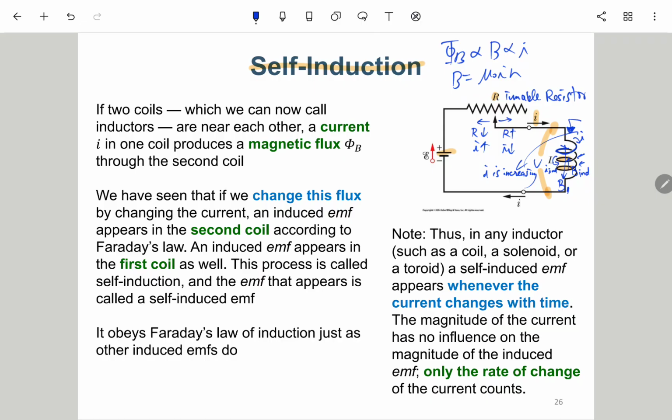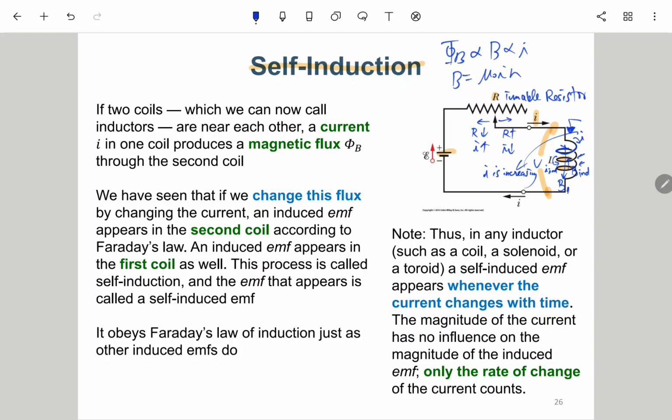So if the current doesn't change at all, if I is constant, then there won't be any magnetic flux change, so there won't be any induced EMF. The inductor will be like a single wire. It won't generate induced EMF.